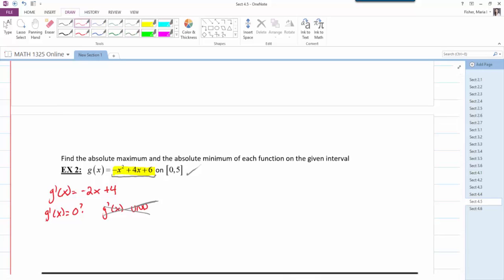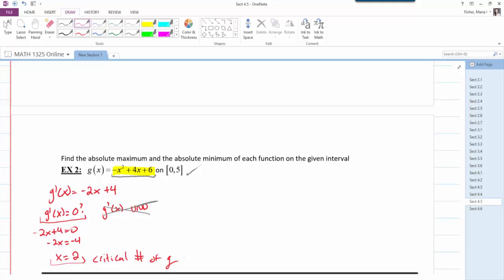So the only time that I'm going to get an answer here is when I set it equal to 0. So solving for x, I end up with x is equal to 2. Now, is 2 in the domain of the given function? It is. Why? Because again, the domain of a quadratic is all real numbers. So that makes this a critical number. So, step 1, make sure that you're continuous over your interval. Step 2, find the critical numbers.